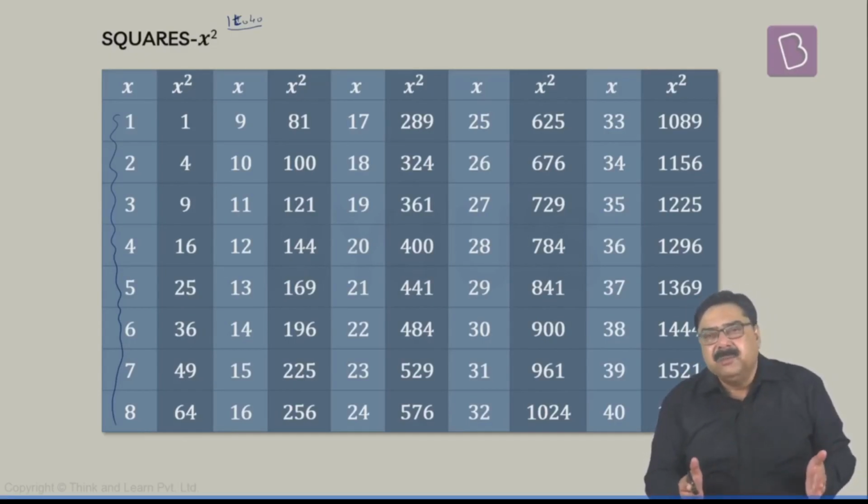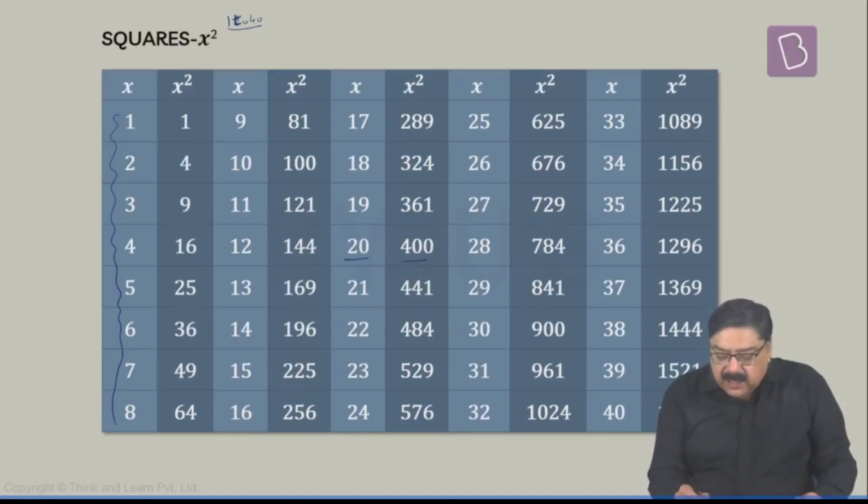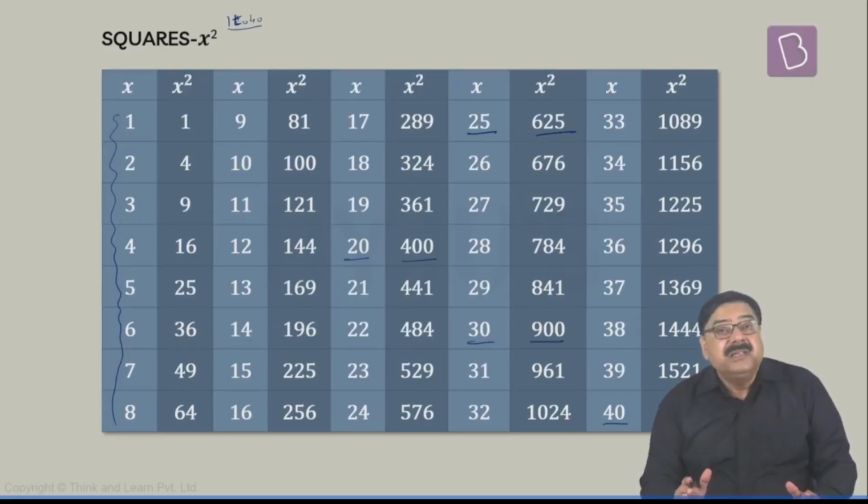Till 10, it should not be a problem. 11 also is not a problem. 12 is 144. And apart from that, 20 square is 400, then 30 square is 900, 40 square is 1600, and most of you remember that 25 square is 625. So please figure out a way of memorizing these squares. It is a must that you memorize squares from 1 to 40.